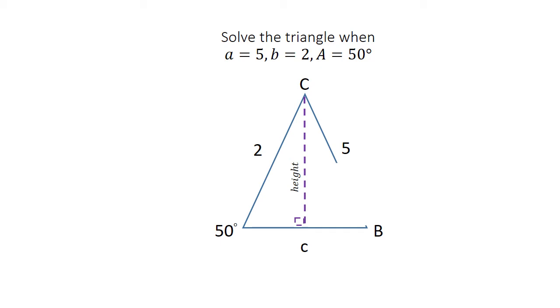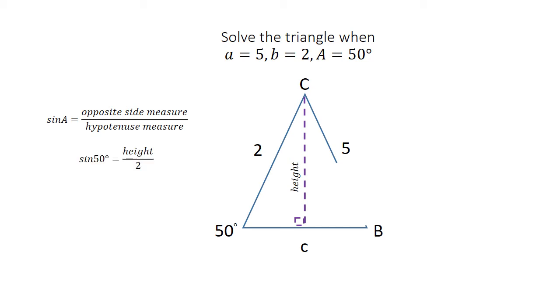Algebraically, we can determine the height of this triangle, because by definition, the sine of an angle measure is the opposite side measure divided by the hypotenuse. This is the definition of the sine of an angle regarding right triangles. We have a right triangle here.